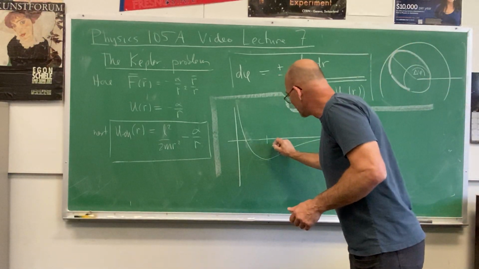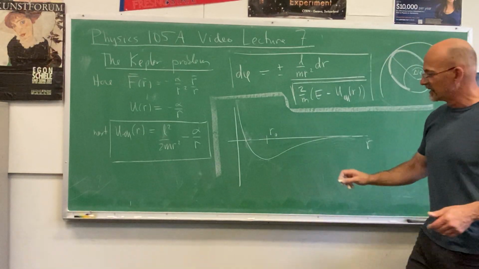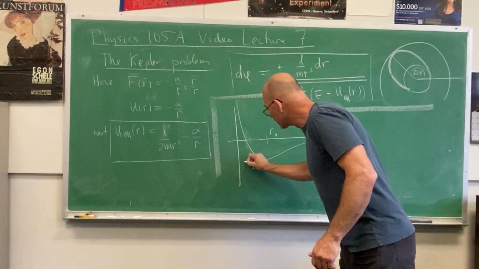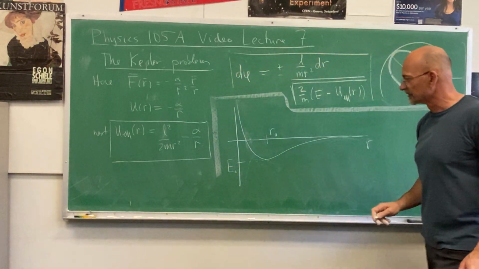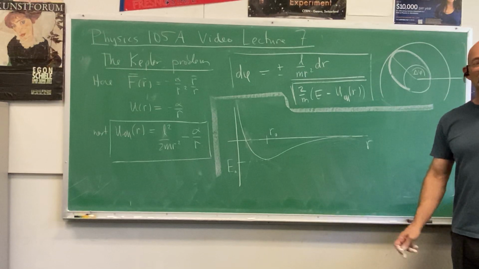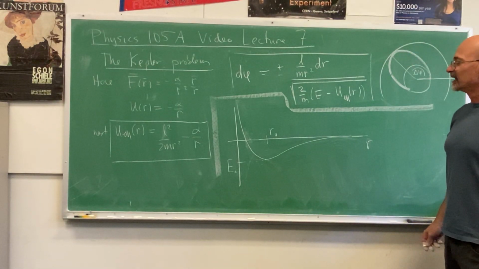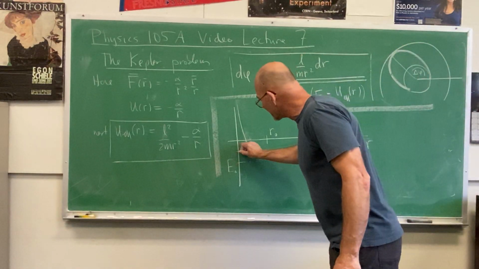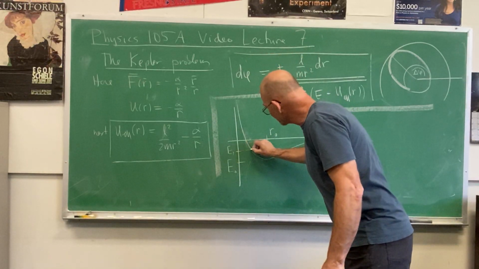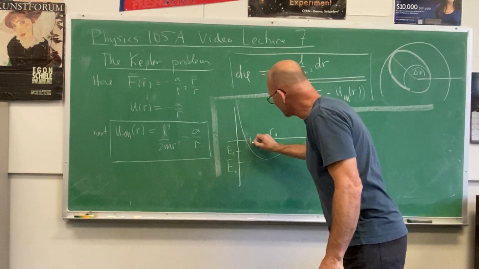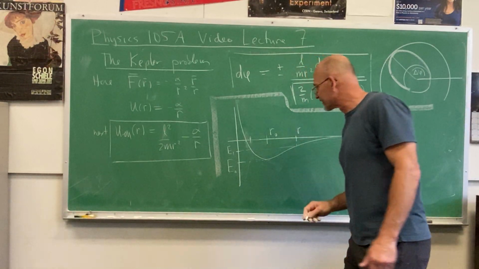First of all, r sub 0, that's our circular orbit. And there's the value, I'll call it e sub 0. Next, how about an energy e sub 1? Then we have a minimum right there and a maximum radius.